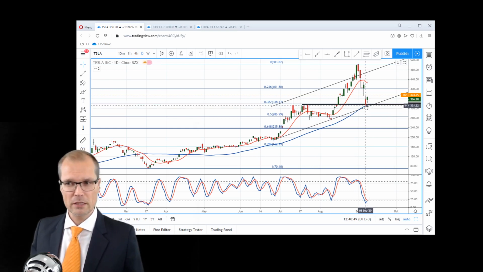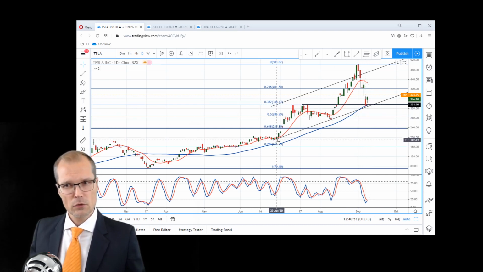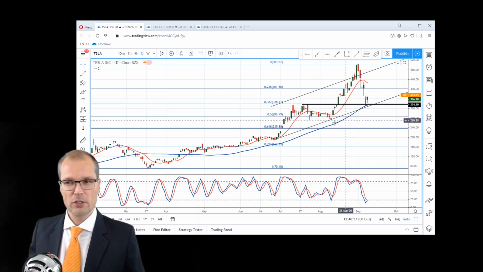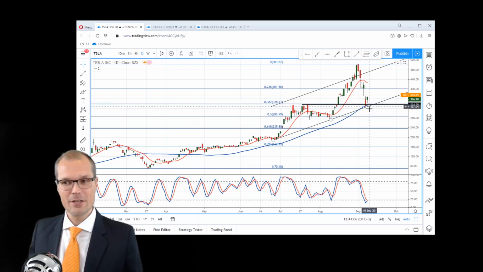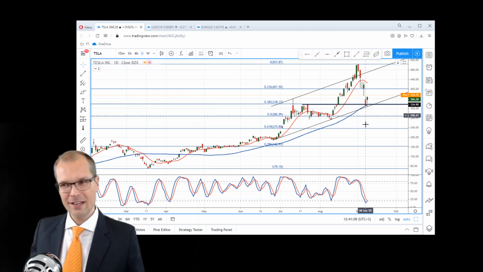Now it seems the market agreed with my idea that we had several things coming together here: the 50-day moving average, the channel low, and the historical previous resistance, now likely to be support. And the buyers came in. So yet another interesting development, another market that we got right.